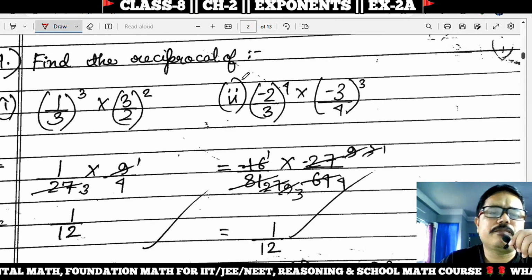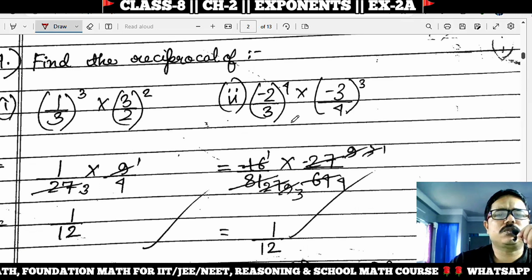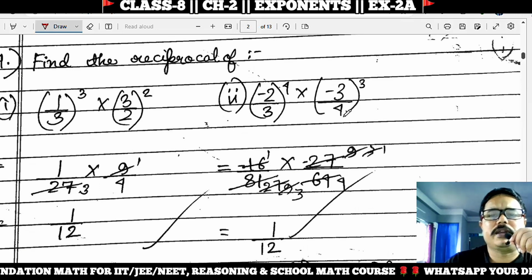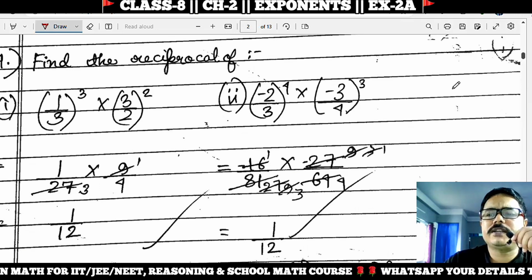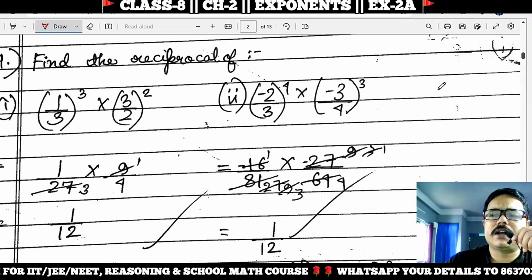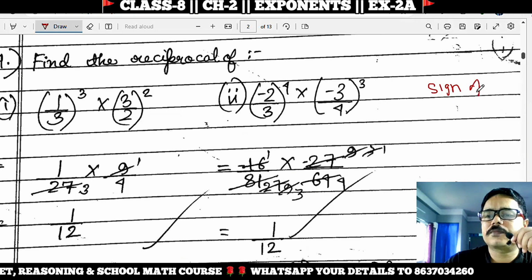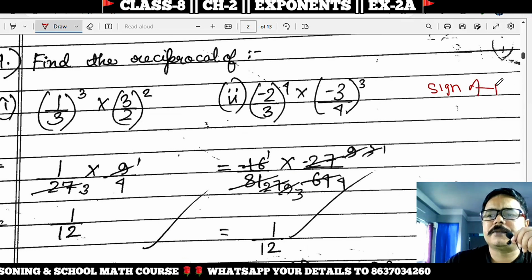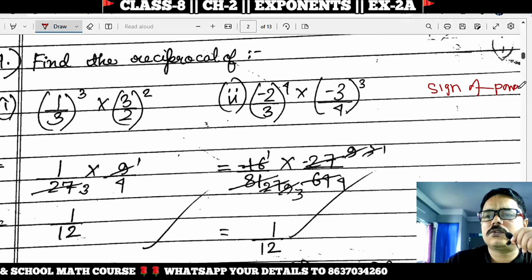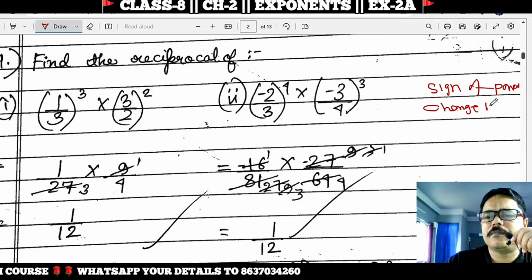Next, find the reciprocal of. Reciprocal means, in exponents, either you change the sign of the power, or exponent you can say, or you change the base. That means you can do only one thing here.